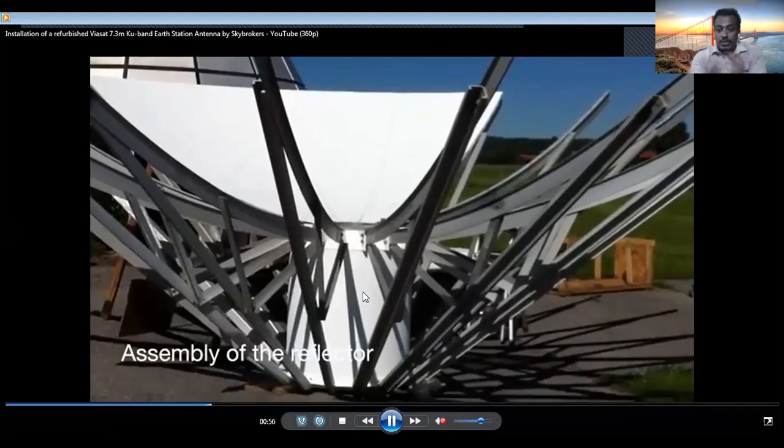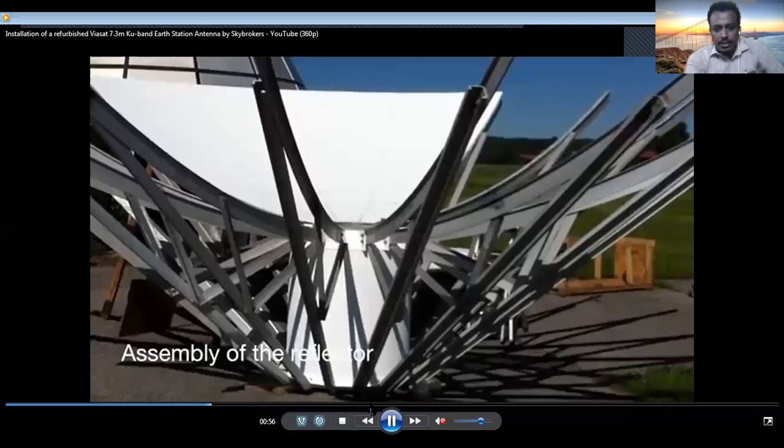So when you say earth station, how many subsystems? 4 subsystems. So here is the first subsystem, which is the antenna part. Next, you will see the tracking equipment. I will show you that. This is still the antenna subsystem.